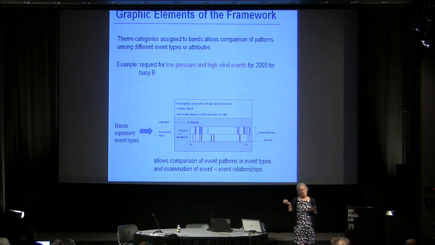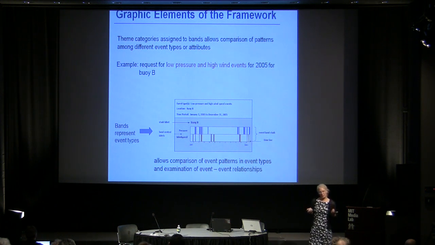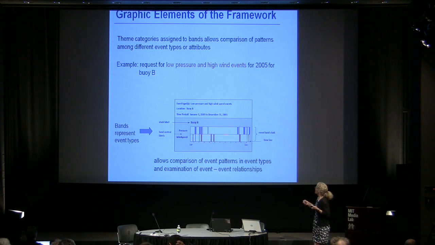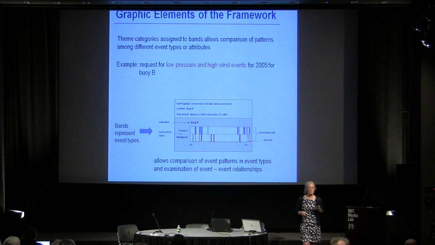Now, I said I can put time on the bands, and I can put space on the bands. I can also put event types on the bands. In this case, we're assigning a theme to the band. What this allows us to do is compare two event types and look for event-event relationships. When I see a pressure drop event, is there any relationship between pressure and an increase in wind speed?